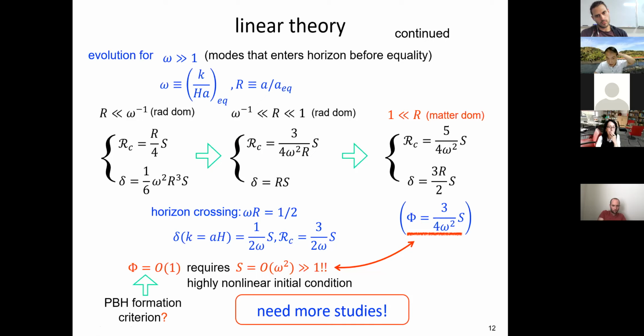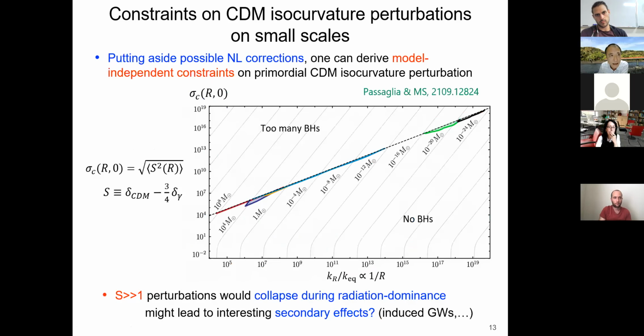In the early universe, when the amount of matter is so small, even if this is very nonlinear, we know that it just stays constant in time. But as the universe gradually becomes dominated by matter, of course, all these discussions fail. So this is an interesting area which needs to be studied.